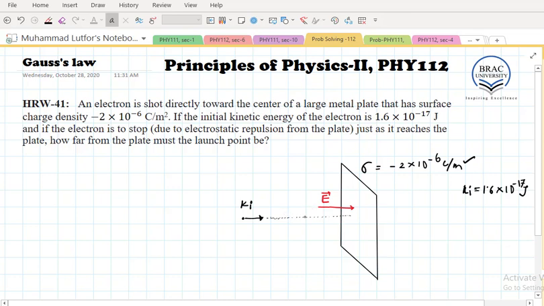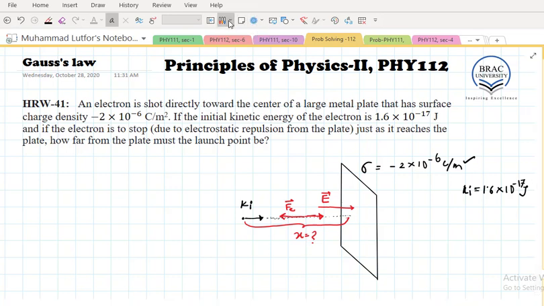So the force on the electron would be in that direction, and it will basically be decelerated and stop over there. Now they ask, if we start from there and stop over there, what would be the value of x?